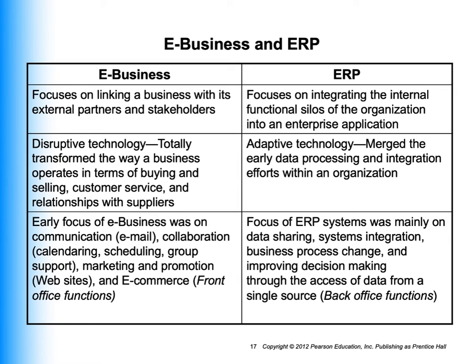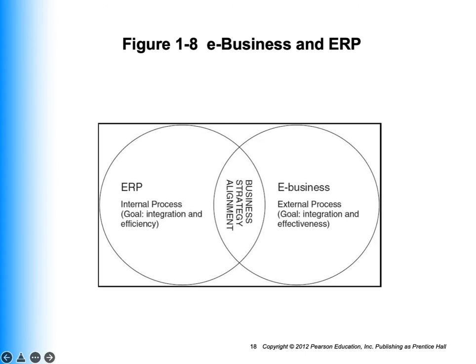Okay, communication could be email, calendars, e-commerce. As for ERP, okay, more focused internal, integration for organization. So here we have the integration of it, okay, between e-business and ERP.